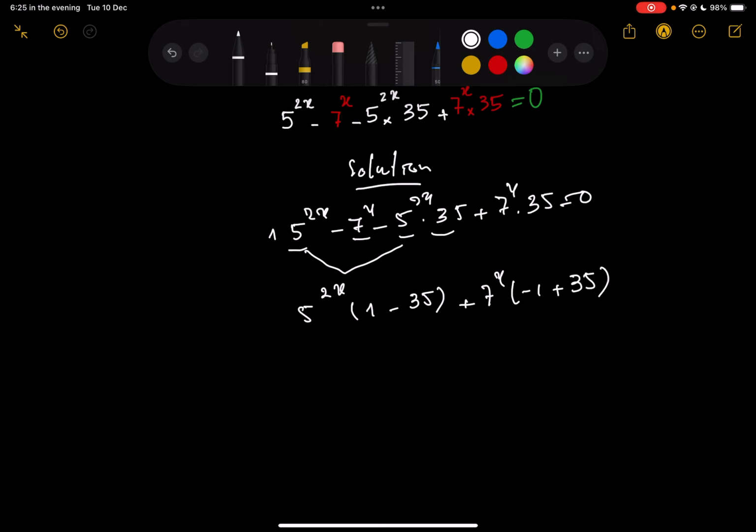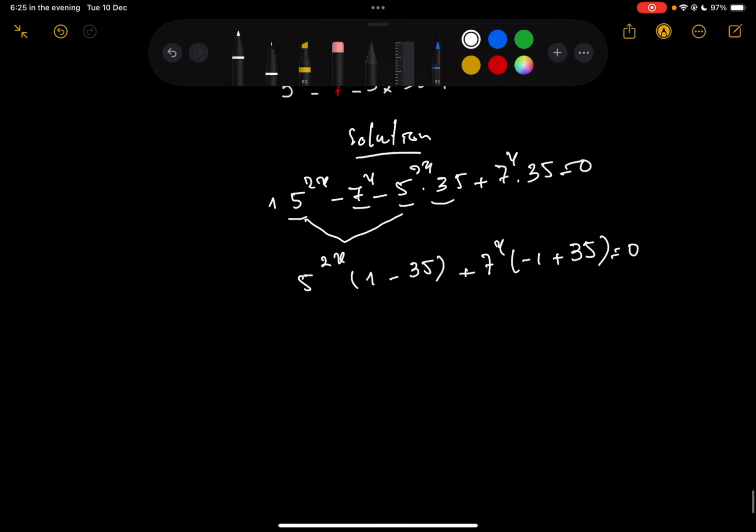Alright, equal to 0. And now look at this, here we do the subtraction, and here we also do the subtraction, so the remainder is negative 34 times 5 power 2h, here also plus 34 times 7 power h equal to 0.